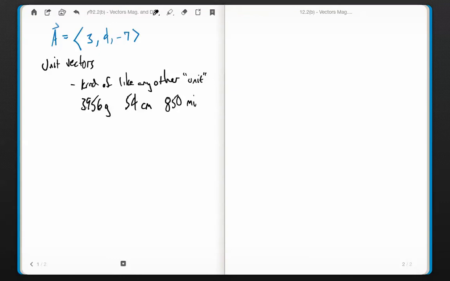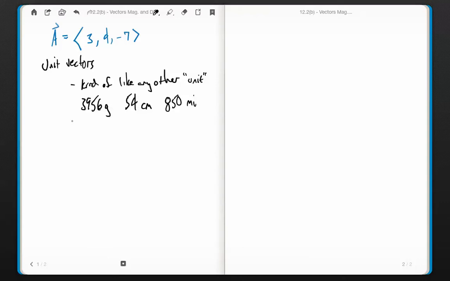What is this? This is the scalar part of it, the 3956, and the grams tells us 3956 what, right? 54, a scalar number. Just 54 doesn't mean much to us until we say what it is. In this case, it's centimeters, or 850 miles.